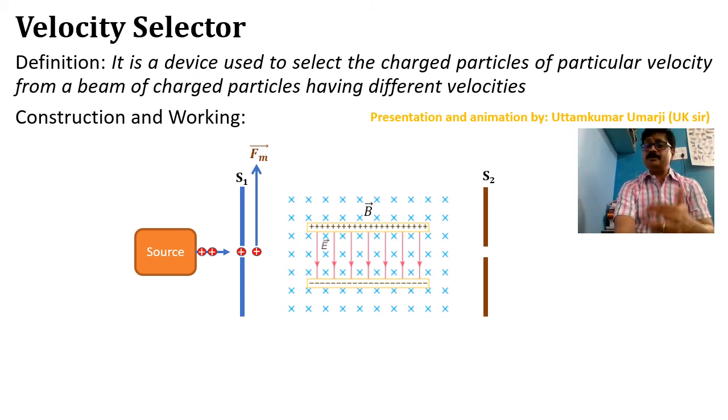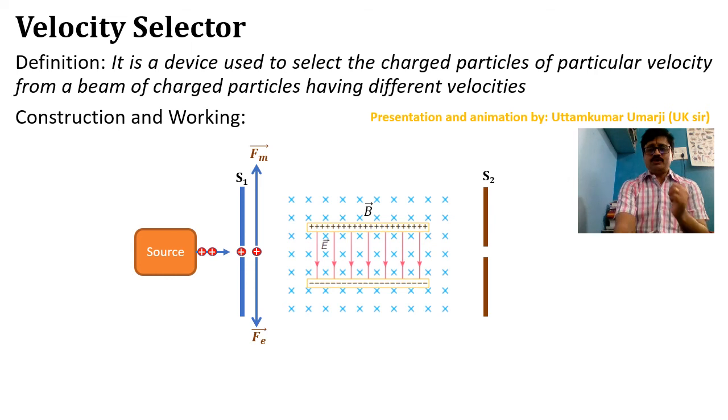Why? Because in special case number 3 we have seen that the magnetic and electric forces are equal in magnitude but opposite in direction. Because of that reason we get the electric force vertically downward. As you can notice, two equal and opposite forces are acting on the charged particles, so they will gain no velocity change at all.